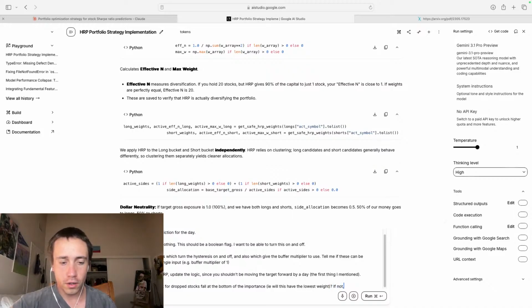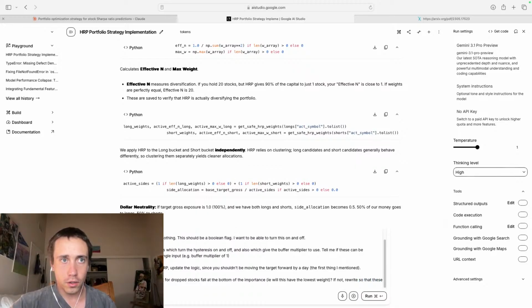If not, rewrite so that these will still be traded but do not have the lowest weight.